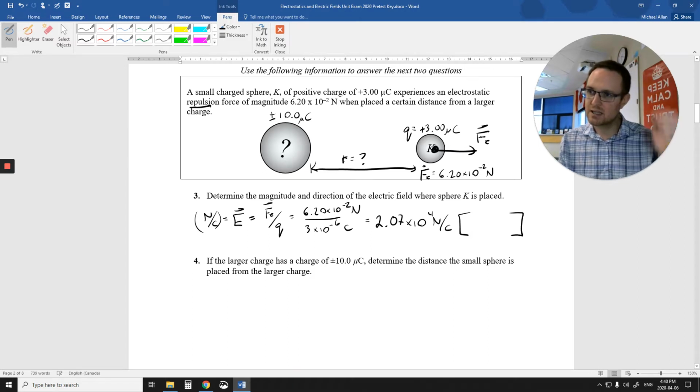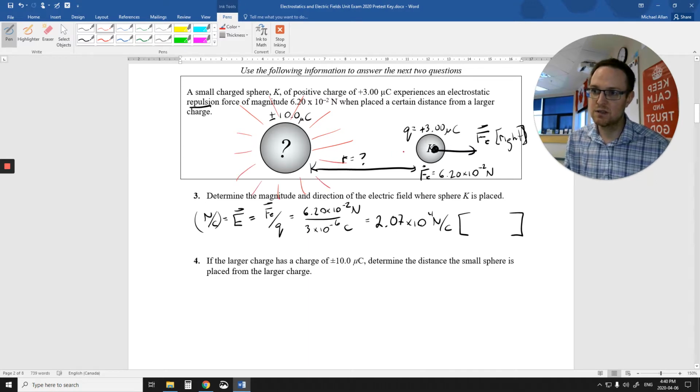Now I do want a direction here, so you can see from the picture, because I have a nice little picture, I can go left or right here. So the force is to the left, no, sorry, to the right. I don't know what I'm talking about. To the right, that's the force. Now remember to determine an electric field, if I want to know what the electric field is, is it going in towards this object or is it going away from this object? So it's coming out of this object in all different directions. One of these lines is going to pass through K. Now remember how to determine these lines.